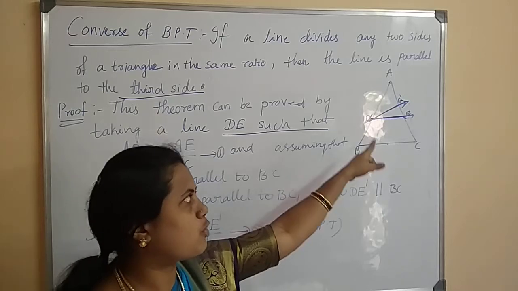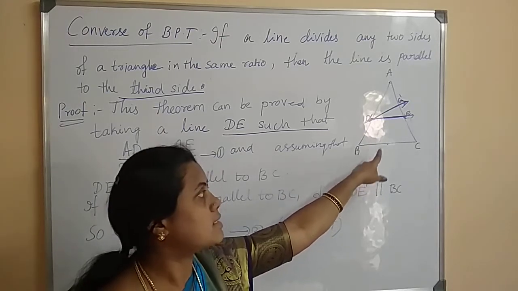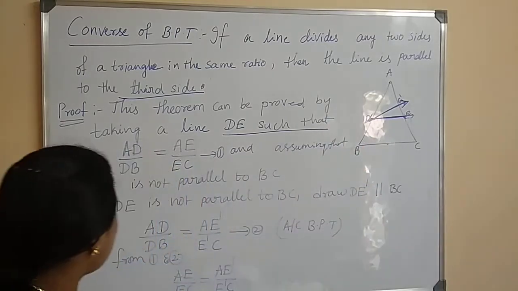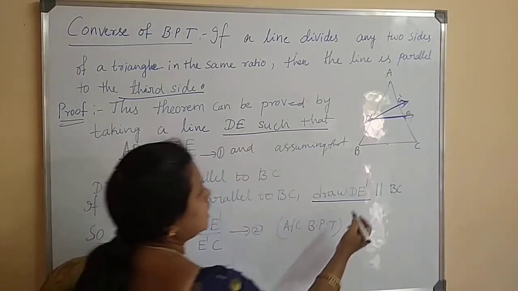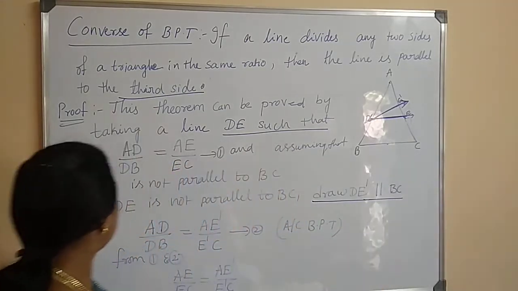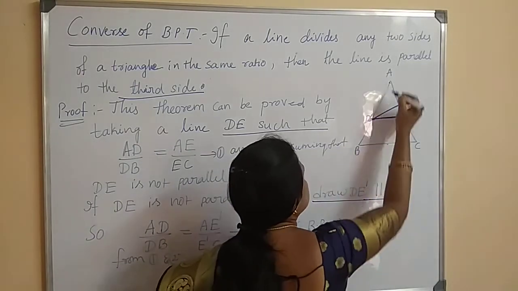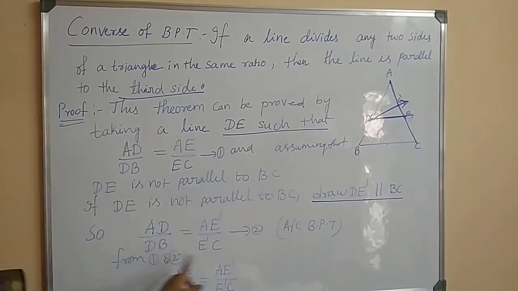Then if DE dash is parallel to BC, AD by DB is equal to AE dash by E dash C according to BPT.